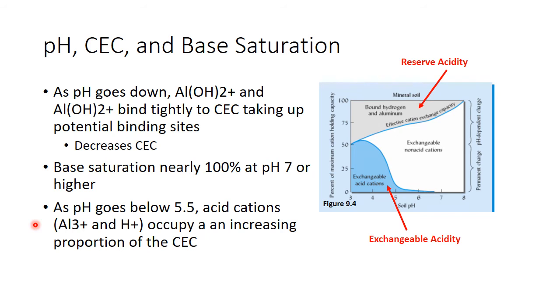Once you get below 5.5, most of what's left of the exchangeable sites become filled up with primarily hydrogen. But as we lime the soil and increase pH, we both neutralize some of this reserve acidity, and as a result increase the effective cation exchange capacity. But we're also dominating what is exchangeable with non-acid, or what we call base cations.